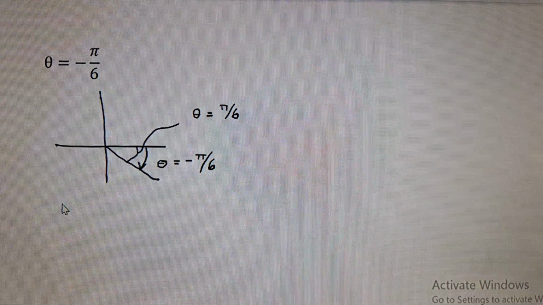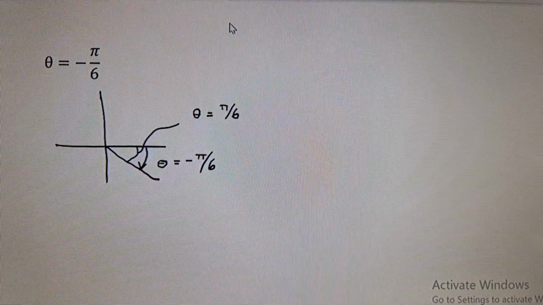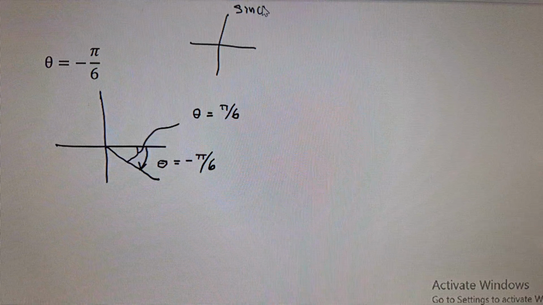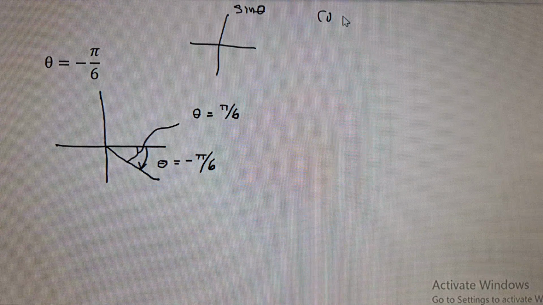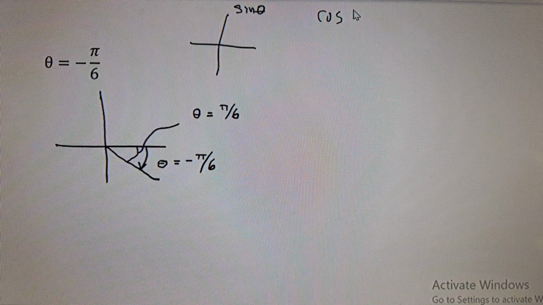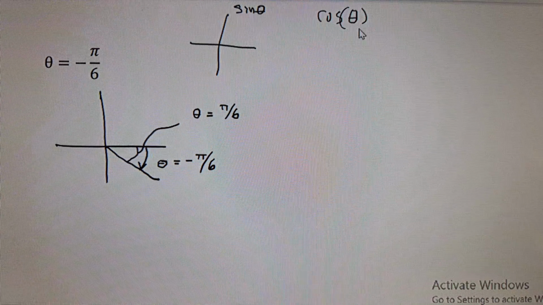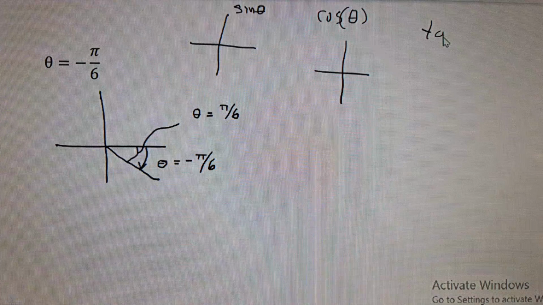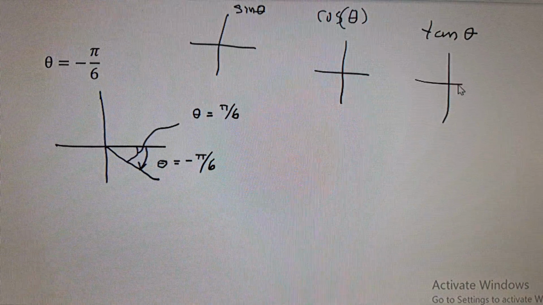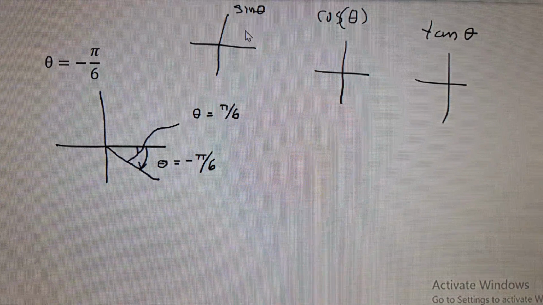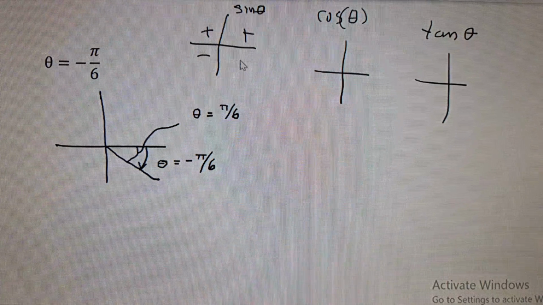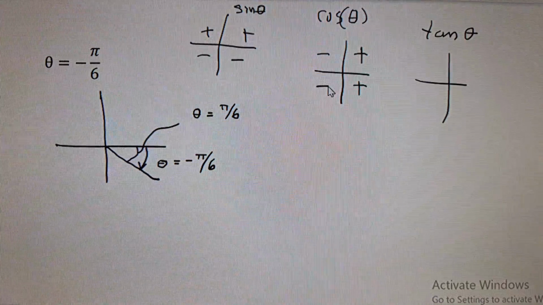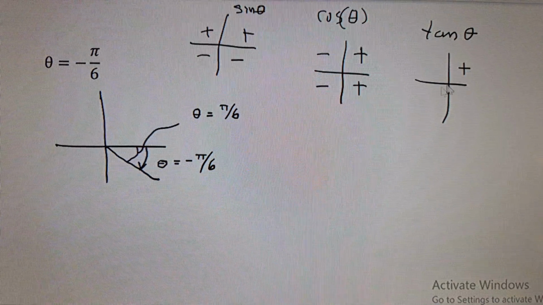And we know that then conventions, sine of theta, cosine of theta, and the tangent of theta. Sine positive here and here, negative. Cosine positive here and here, and the tangent positive here and here.